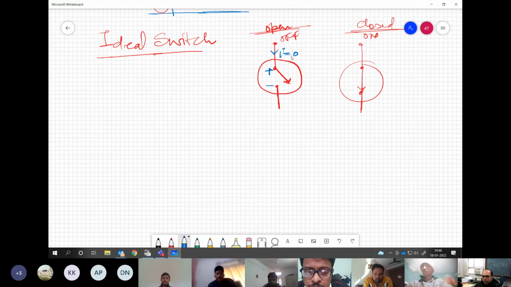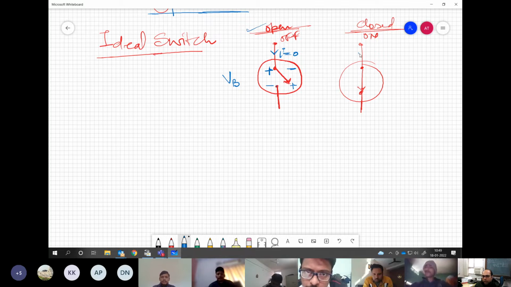The current conduction is zero, and whatever voltage we want, we can block. It can block any voltage across this and any polarity. It can block this polarity as well as this polarity. Understanding my point? This is the off state of the switch.